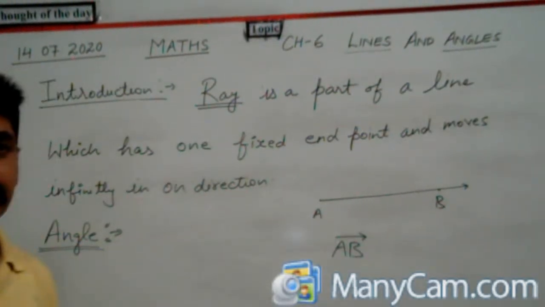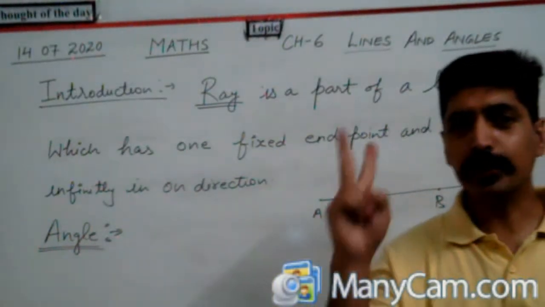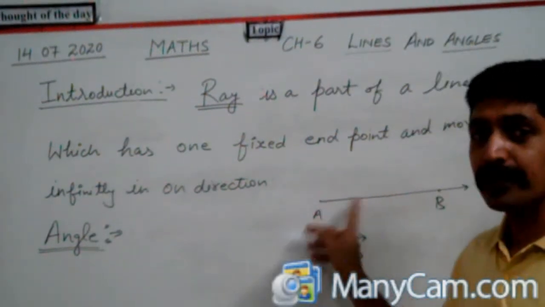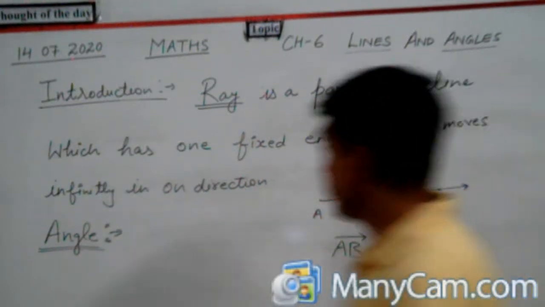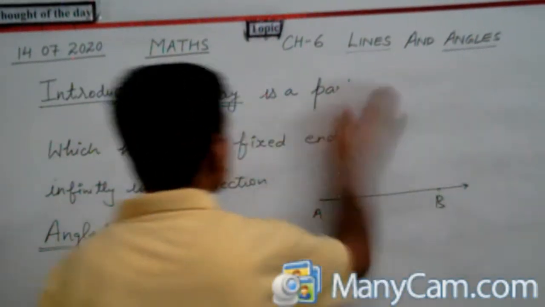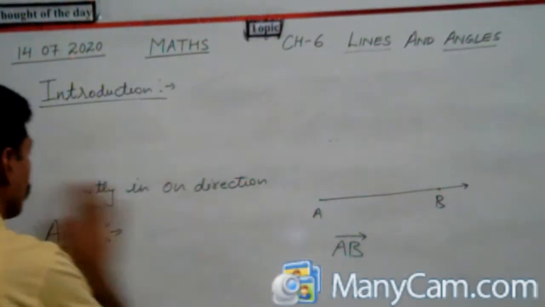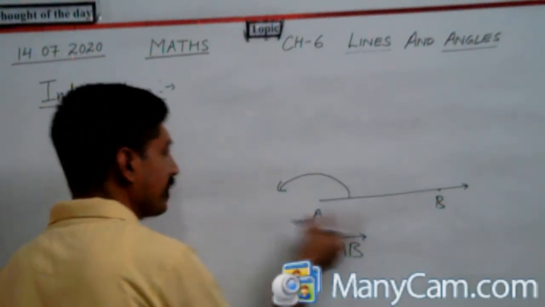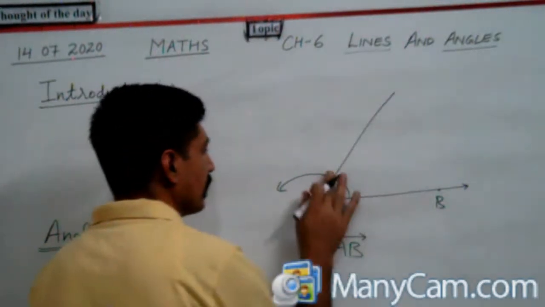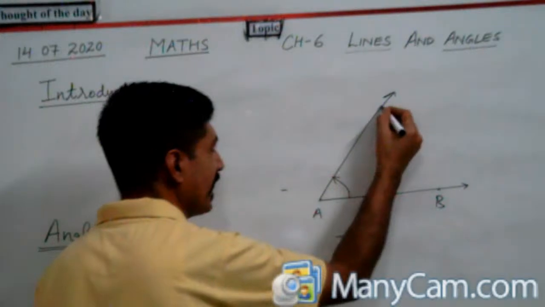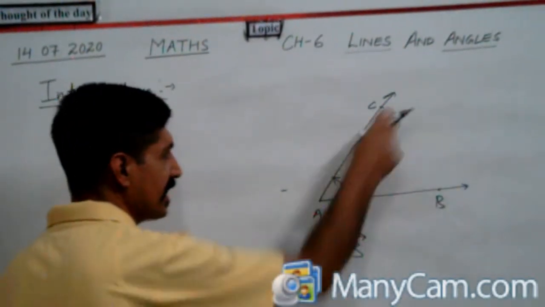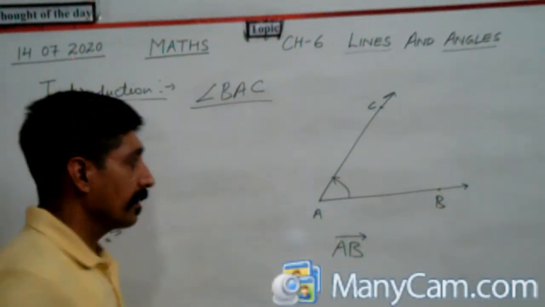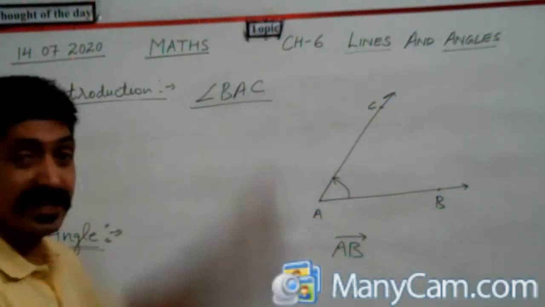We have studied in our lower classes that when two rays originate from one fixed point, or two rays have one fixed end point, then that is an angle. If one ray starts like here, and this point is C, we have the angle BAC, and angles are measured in degrees, okay?